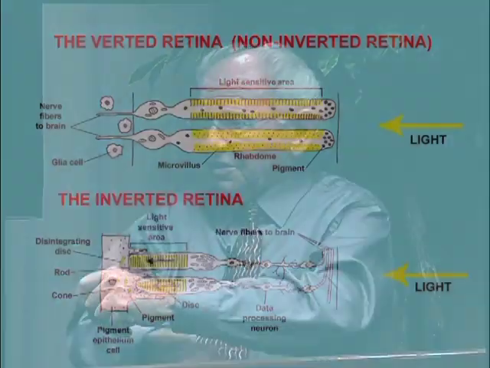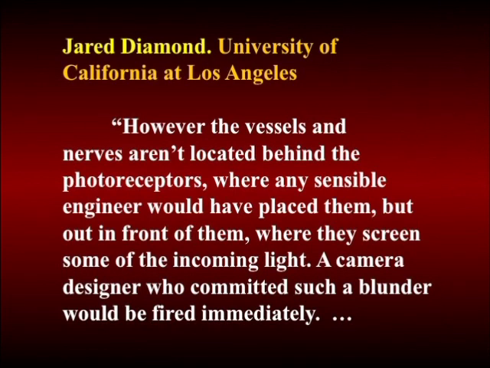evolutionists feel this represents bad design. And let me quote you from a couple of these evolutionists. Jared Diamond, University of California, Los Angeles. He says, the vessels and nerves aren't located behind the photoreceptors where any sensible engineer would have placed them, but out in front of them where they screen some of the incoming light. A camera designer who committed such a blunder would be fired immediately.